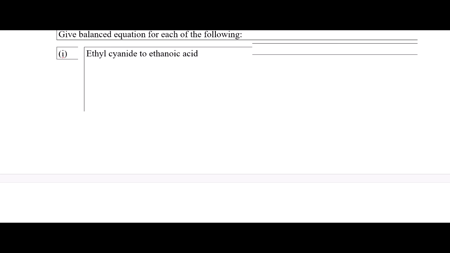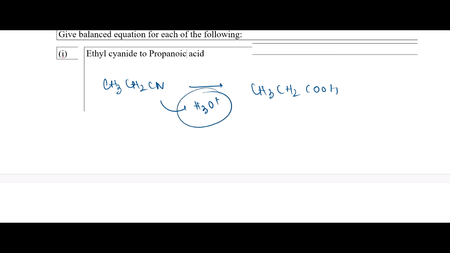It is asked to give the balanced equation for the following: ethyl cyanide, that is CH3CH2CN, to propanoic acid, CH3CH2CO2H. It's very easy. If we hydrolyze this in the presence of acid, it will be converted into CH3CH2CO2H.